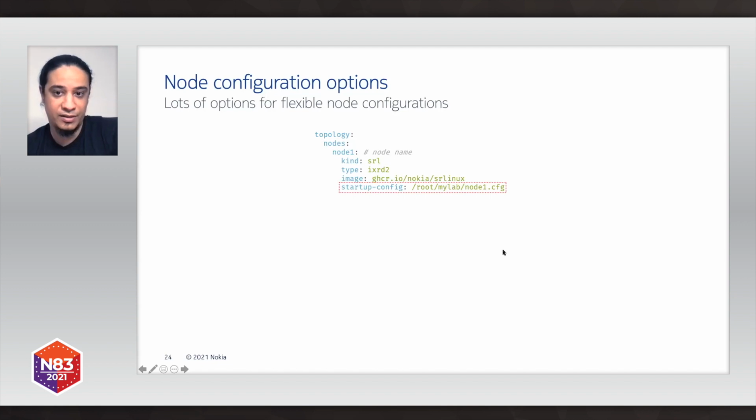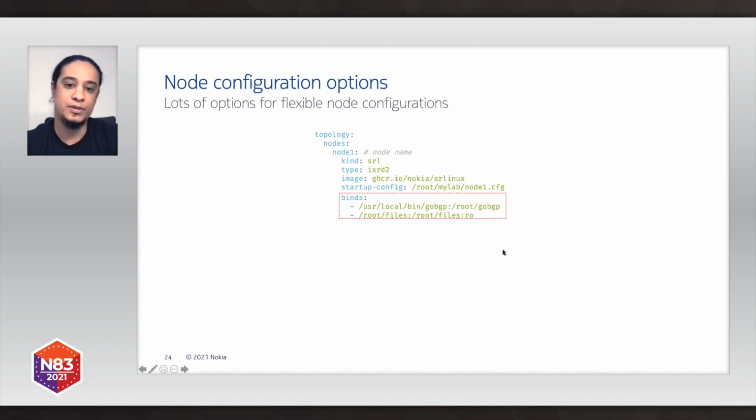You have also seen a startup config to start your containers with a predefined configuration. There is also the possibility to create binds to share files from your local host to the different nodes. Those files can be shared in read, write, or read-only modes.